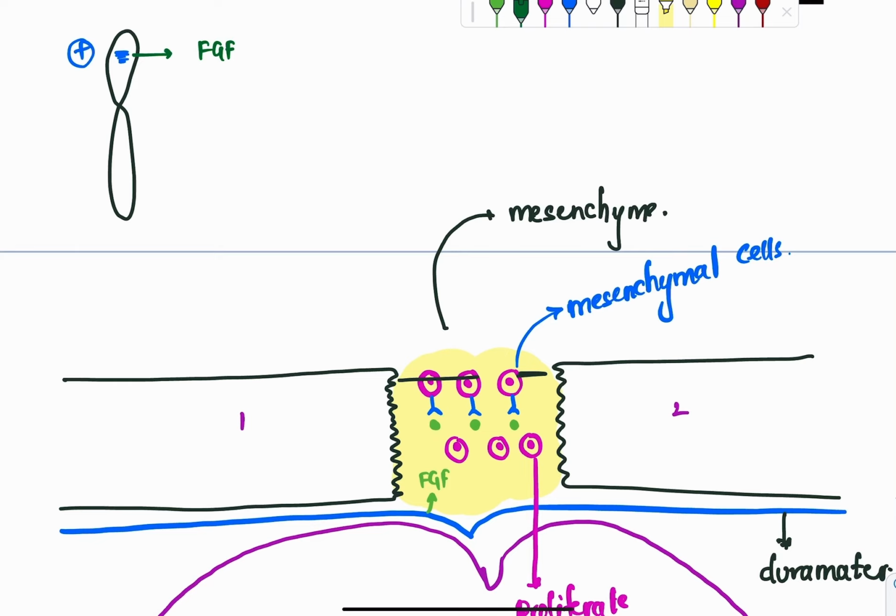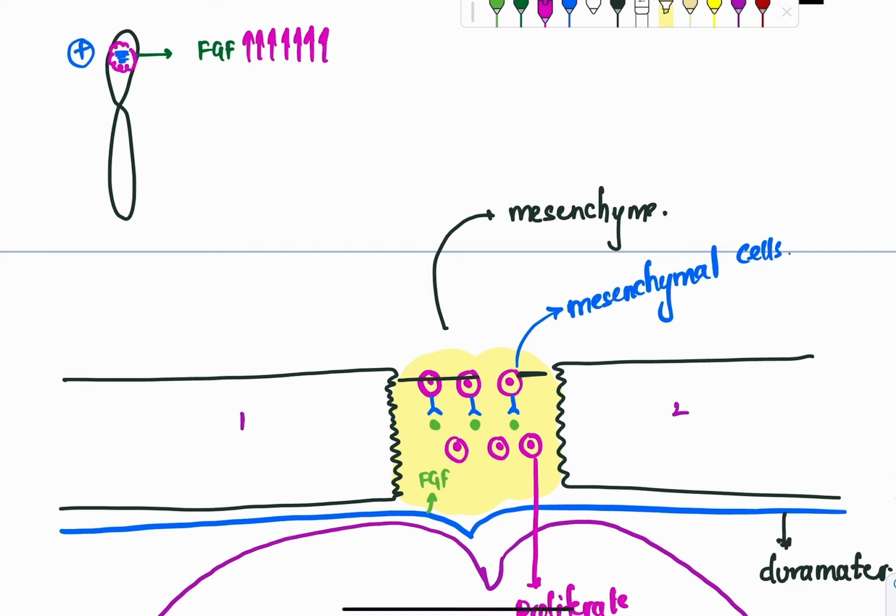So if instead of activation there is a mutation of this gene, either an excess amount of fibroblast growth factor can be released, or absolutely no fibroblast growth factor. So there can be hyperactivation, there can be hypoactivation. Let us say because of this mutation, an excess amount of fibroblast growth factor is released.